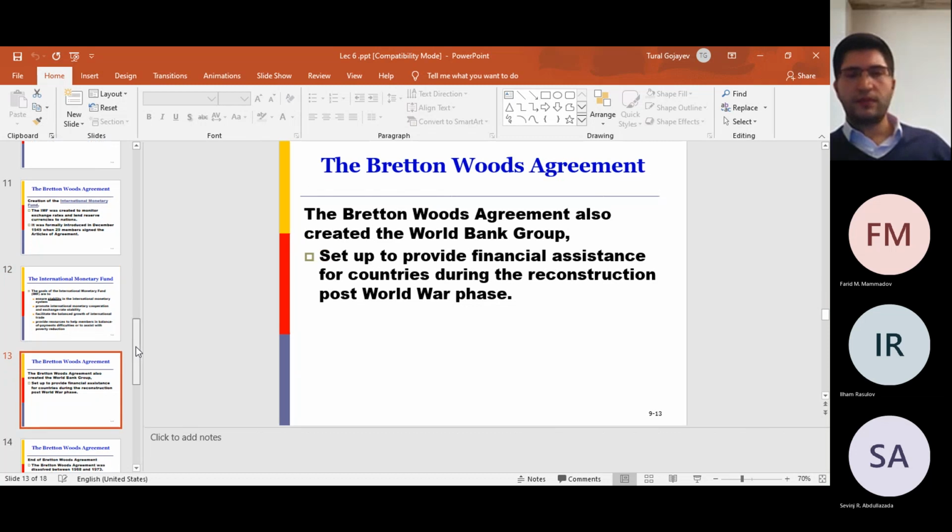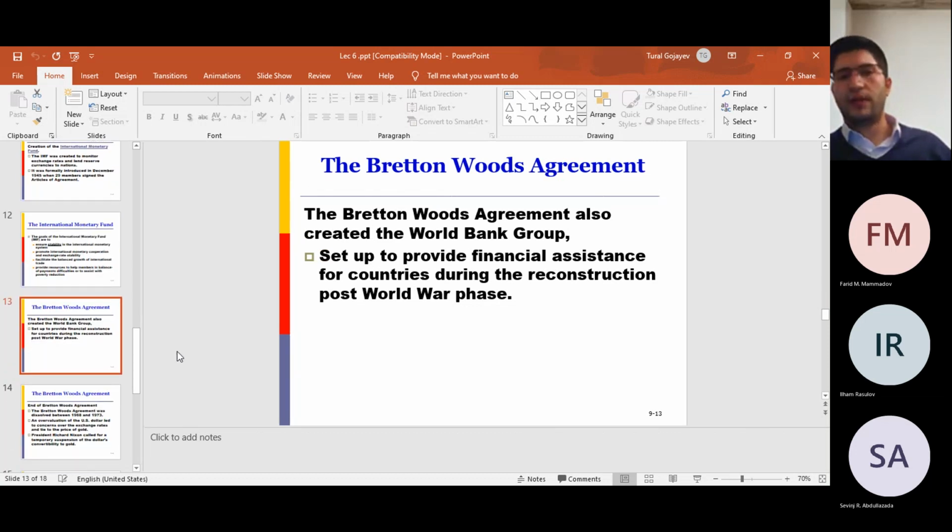And then the Bretton Woods Agreement also created the World Bank Group, set up to provide financial assistance for countries during the post-World War reconstruction phase. So you know the results of the war. Some cities were completely destroyed.